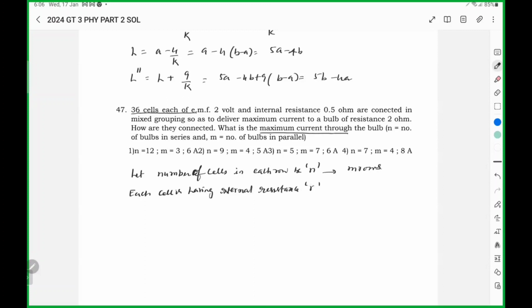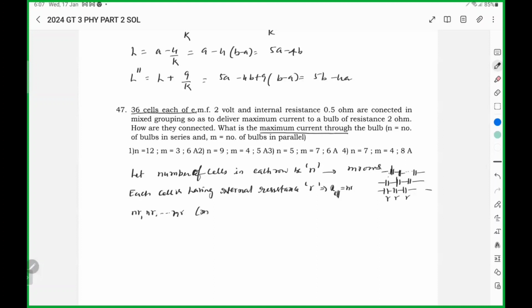Since n cells are connected in series in a row, the effective resistance is nr.